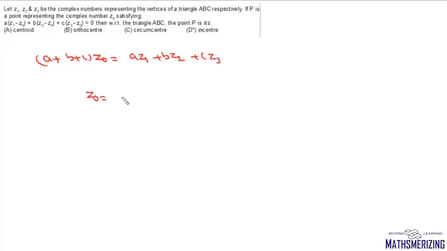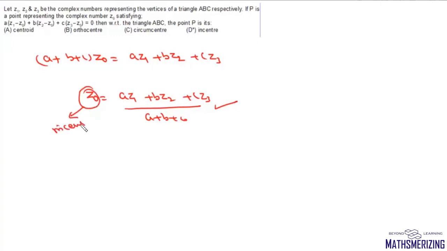Now we can write this as Z0 equals (A Z1 plus B Z2 plus C Z3) upon (A plus B plus C). Now this is the formula for the incenter of a triangle. So this Z0 is nothing but the incenter.